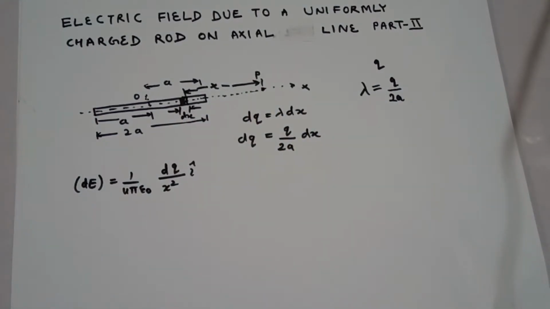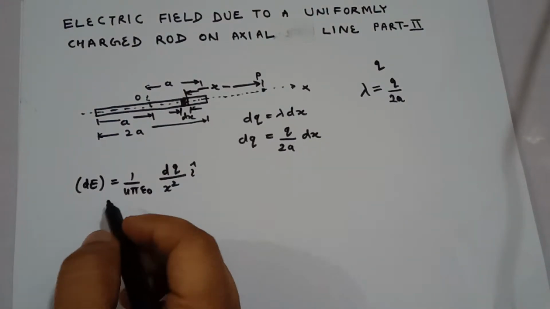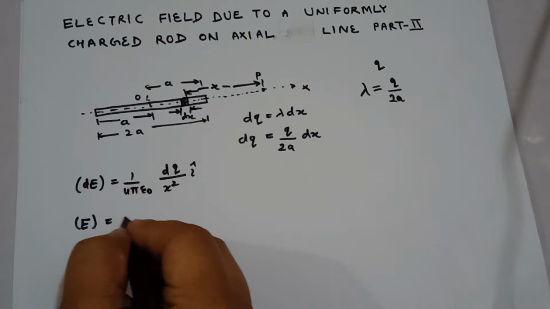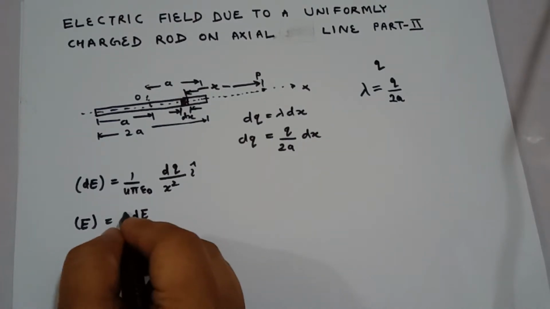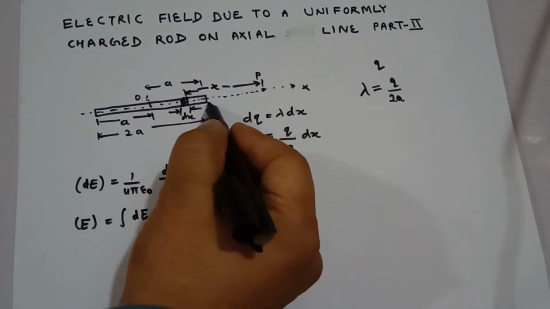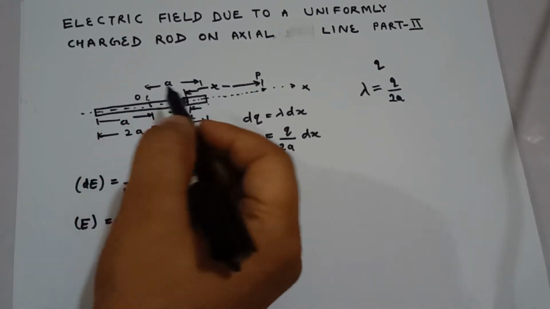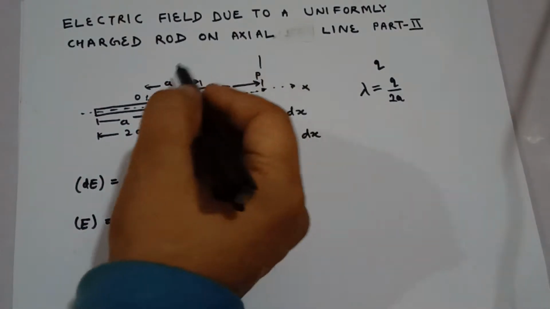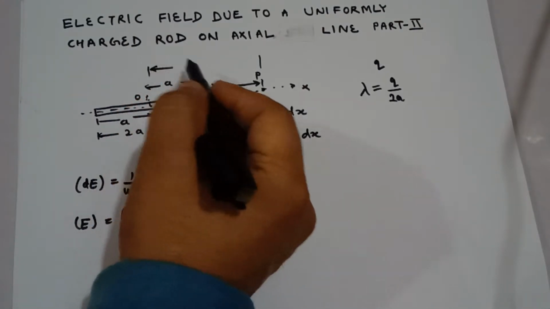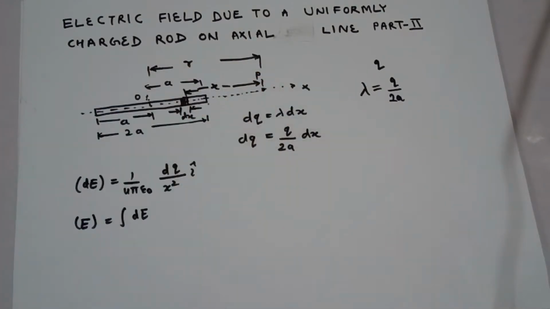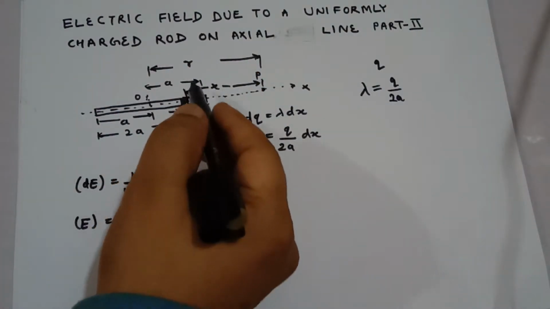Now the total electric field at point P would be obtained by integrating from this point to this point, because dx should go from here to here. Suppose the distance of point P from the center of this rod is r, and this is small a.